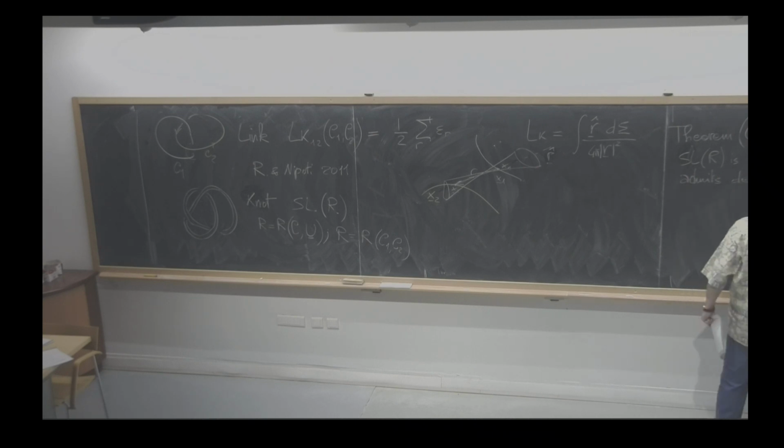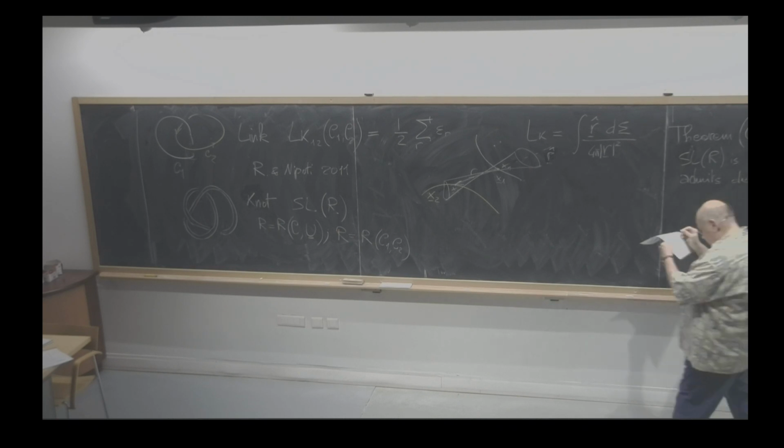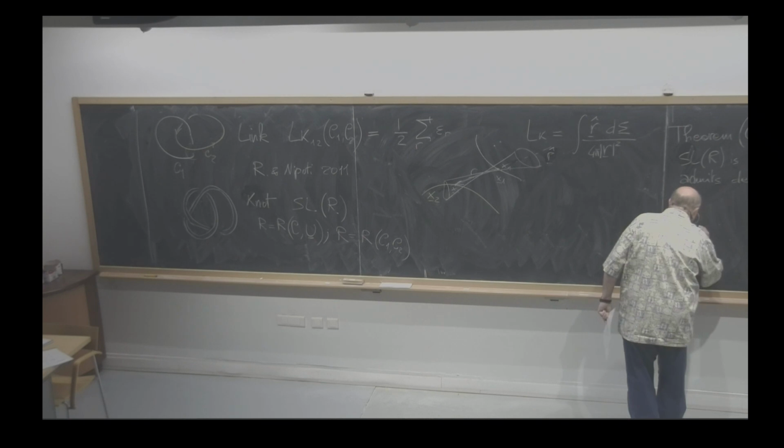SL of R is given by what is called the writhe of a center line, say C, plus the twist of this ribbon.